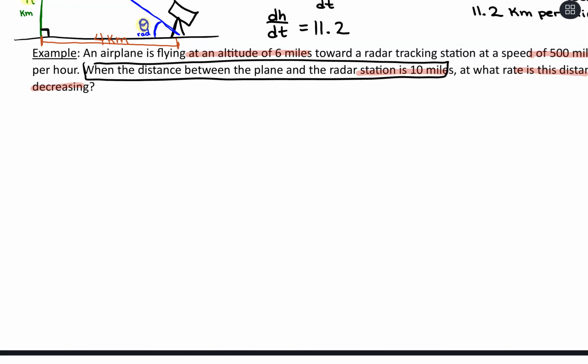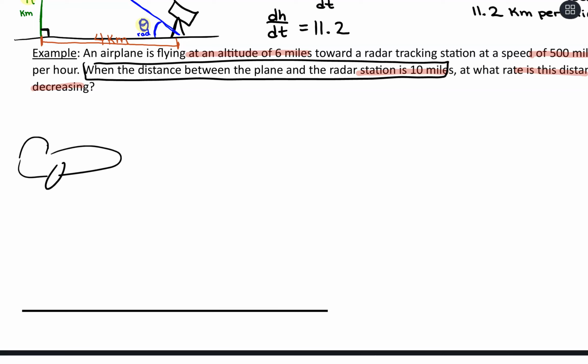So let's get a picture going. We're going to have the ground. We're going to have an airplane. Something like that. And radar. So the plane is flying at an altitude of 6 miles.